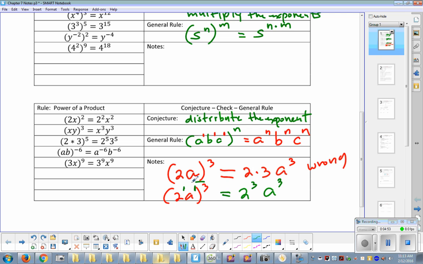It's just like 3 times 1, then 3 times 1. Of course, we can further simplify this: 2 raised to 3 is 2 times 2 times 2. We have 3 factors of 2, which is 8a cubed. So again, do not ever try to do the wrong one. All right, next.